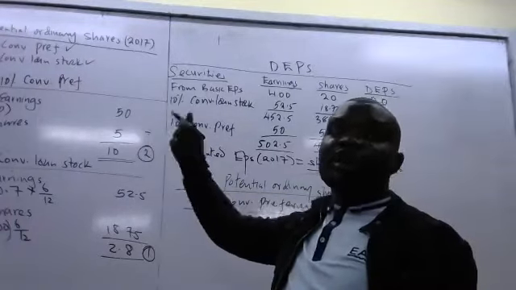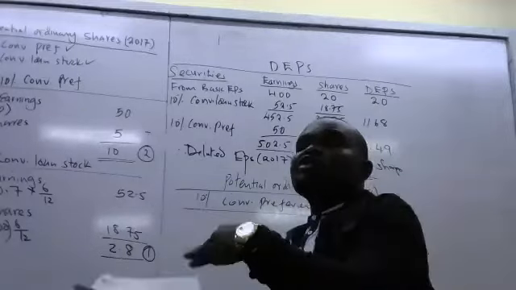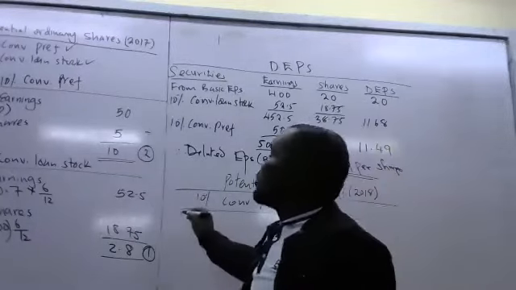Nobody has exercised. When they exercise, you will calculate even the dividends on them, but nobody converted.